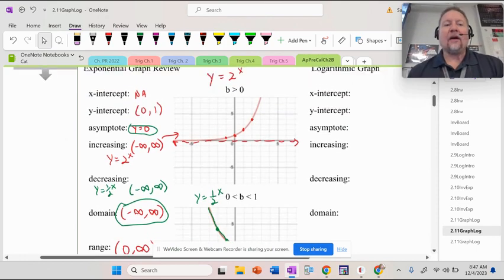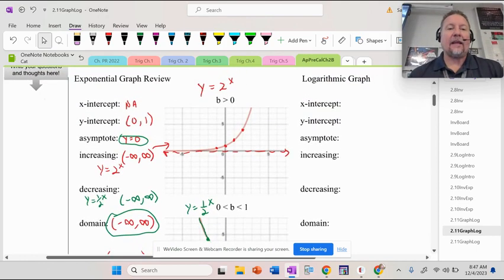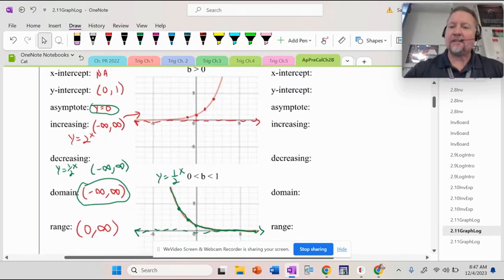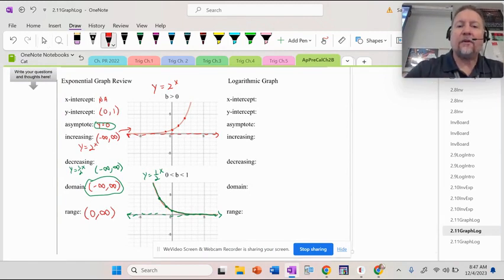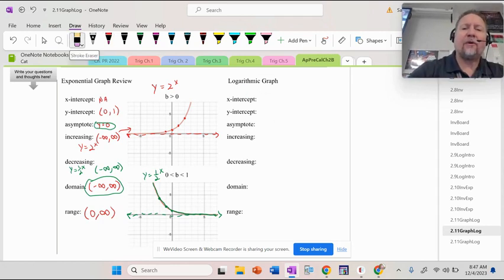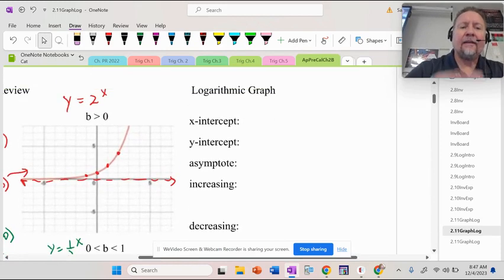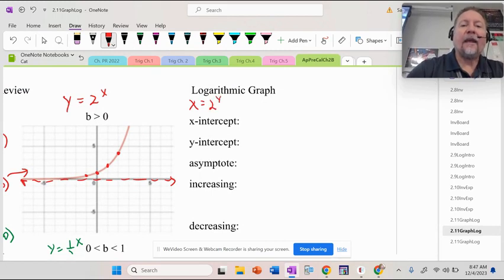Okay, when I say inverse, you say, what do you say? Switch X and Y. Now I can't shrink the screen for some reason. So a logarithmic graph, we're going to do this one in red, but let's do the whole thing in reference to what we did Friday. So we switched X and Y. So now this is X equals 2 to the Y. And then insert the word log.